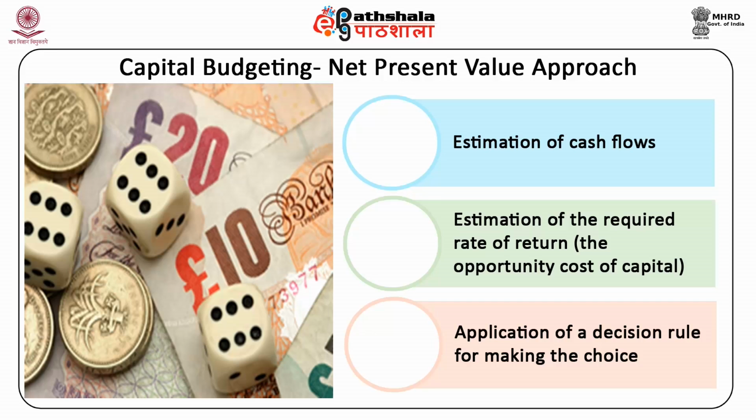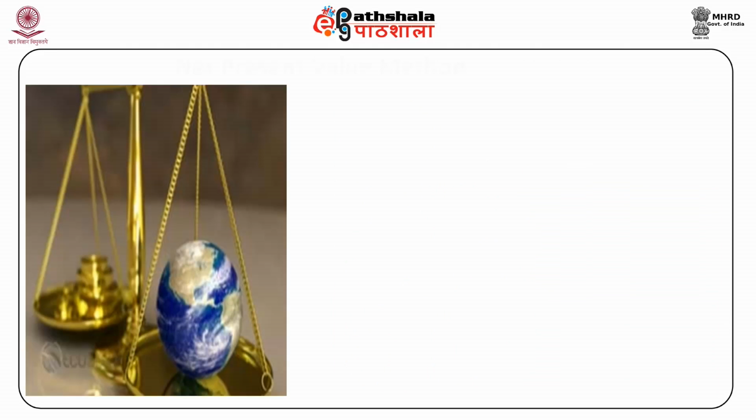Two popularly used discounted cash flow techniques are net present value and internal rate of return, or IRR. Both techniques discount projects' cash flow at an appropriate discount rate. Net present value method.